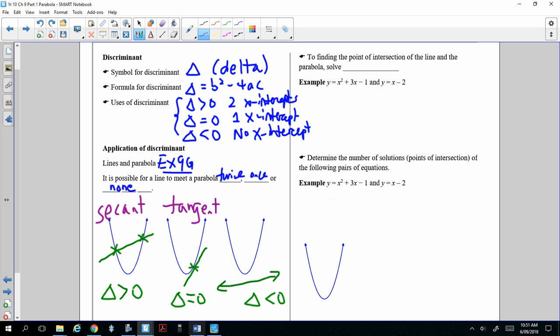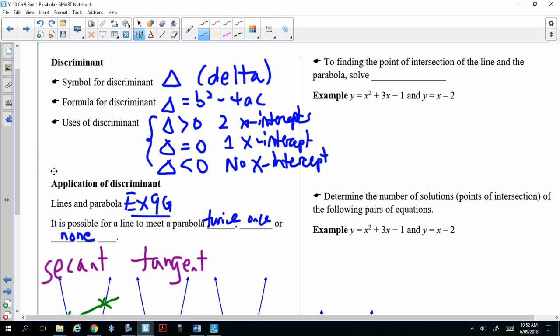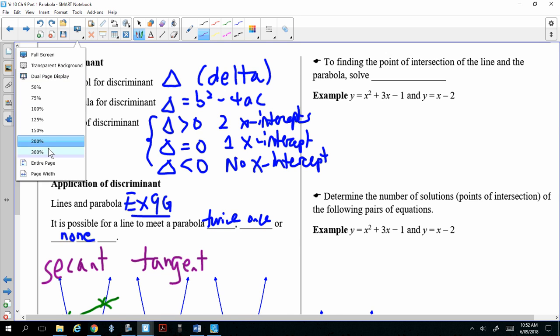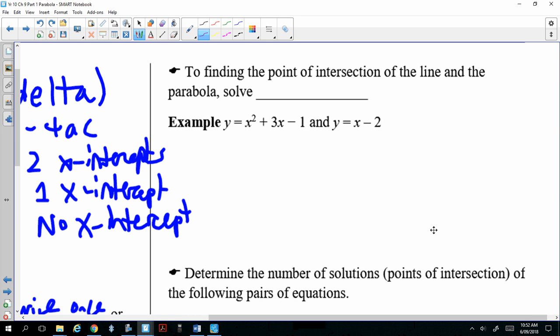So how do I find out where the line crosses the parabola? You do so by solving simultaneously. So to find a point of intersection of the line, solve simultaneously. And how do we solve simultaneously? We can do so by substitution. So in that case, I could substitute, maybe I put this one into here.